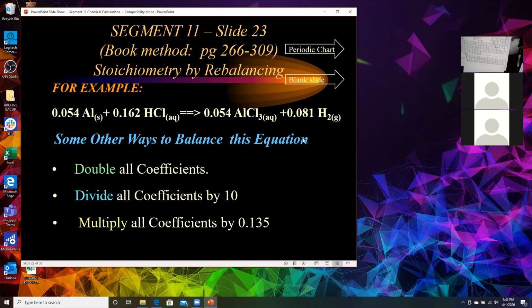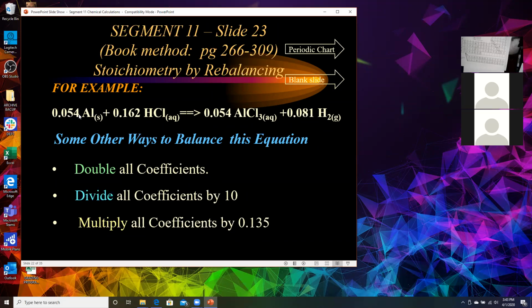It's still balanced. See, I think I'm beating a dead horse, but I do want you to see that it remains balanced no matter what you do to the equation, as long as you do it for everything in the equation. And each one of these balancings gives us a different number of atoms and mass.